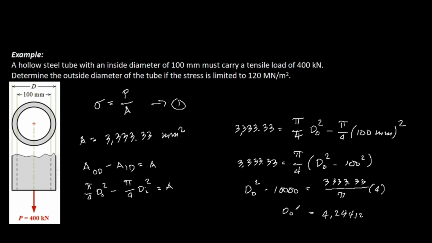The outside diameter squared: we transpose the negative 10,000 to the other side, which is positive 10,000, so the outside diameter squared is equivalent to 4244.12 plus 10,000, which is 14,244.12. The outside diameter is the square root of 14,244.12, which is equivalent to 119.35 millimeter. Yes, and that's correct.